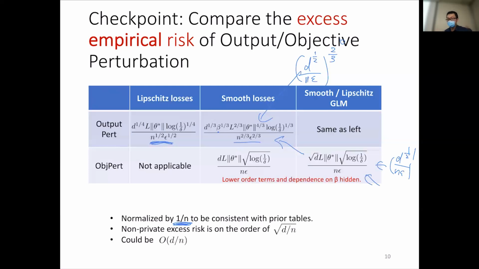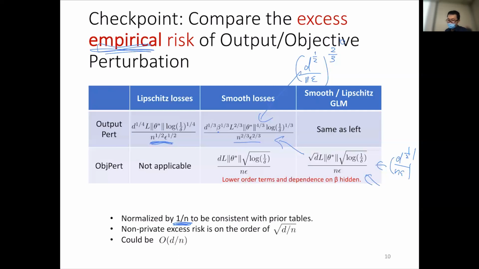Another remark I'm going to make is about how much additional cost we suffer when we require differential privacy, relative to the statistical error when you want to solve these problems for new examples, when you want to calculate the generalization error. Notice that this is excess empirical risk. Suppose we compare that with the excess risk of the non-private problem.